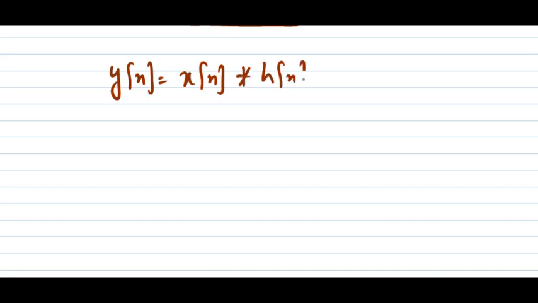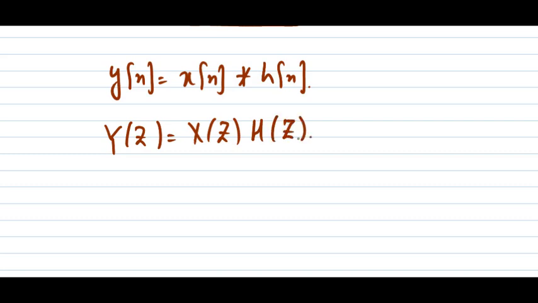Okay, for any system we know that the output y[n] is equal to x[n] convolved with h[n]. So basically in the time domain the output is equal to the input convolved with the impulse response of the system, and in the z domain this convolution becomes multiplication. So we write it as X(z) multiplied with H(z).